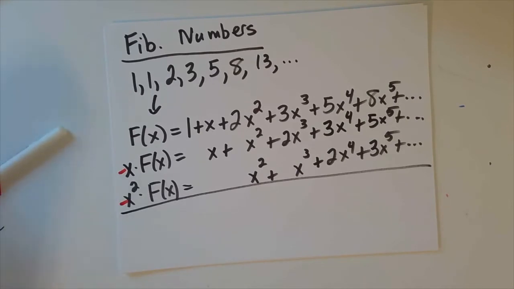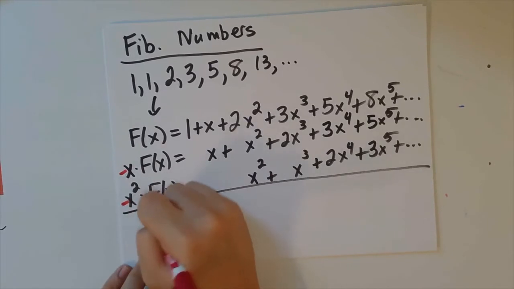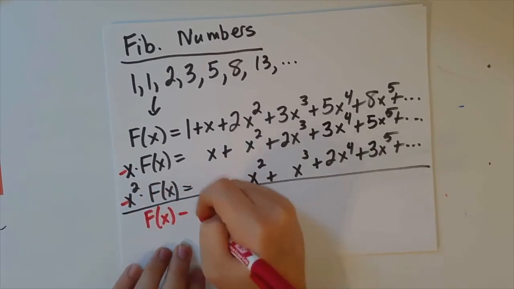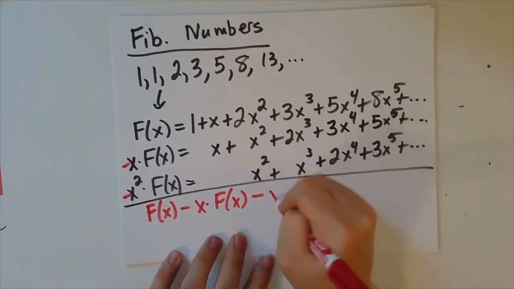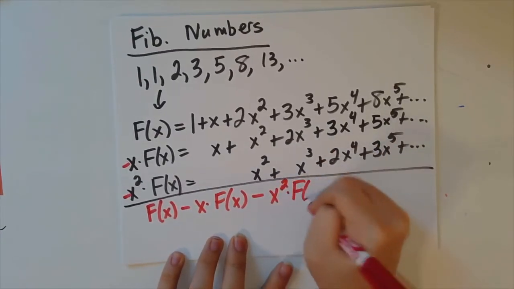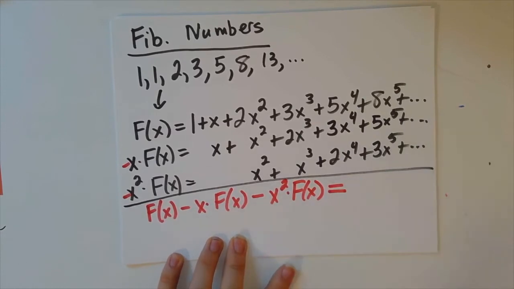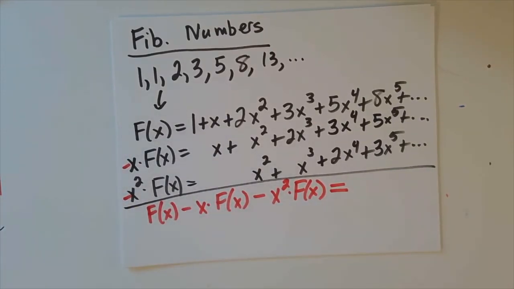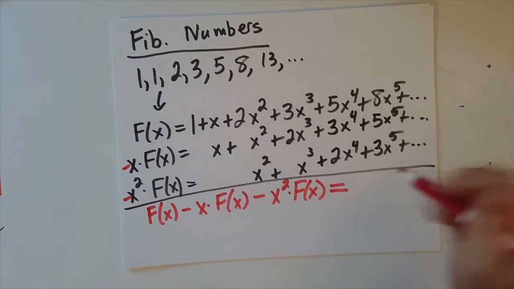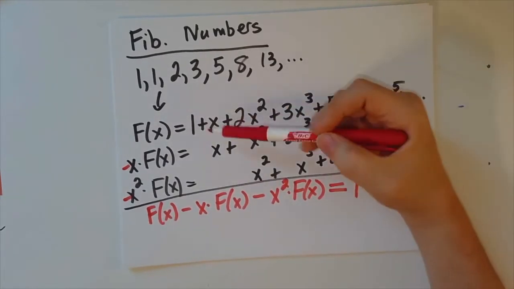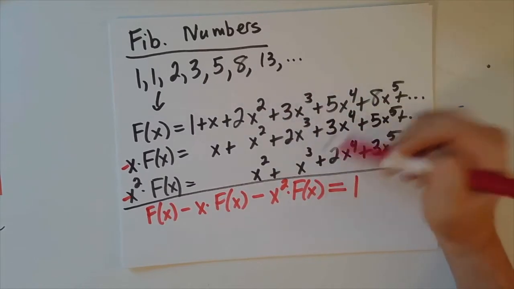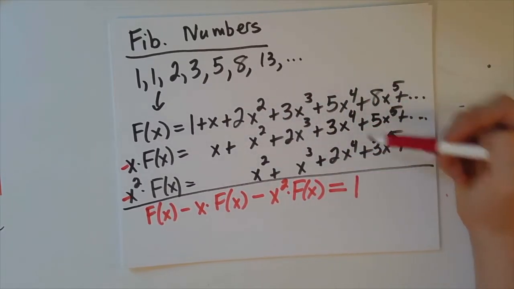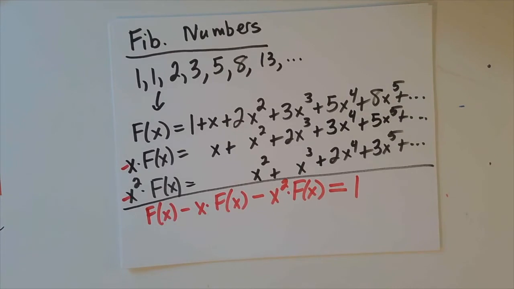Okay, so on the left-hand side here, I get f of x minus x times f of x minus x squared times f of x equals, and then on the right-hand side, in this column I get 1, and then in this column I get 0, and 0, and 0, and 0, and actually I get 0 on forever.